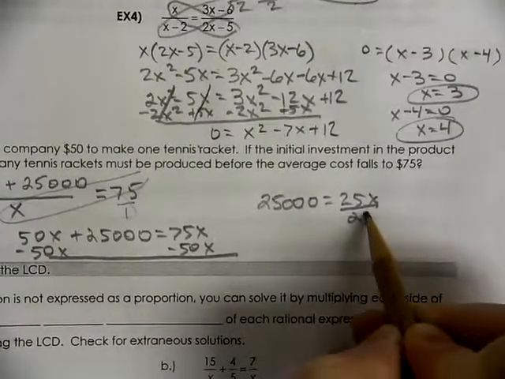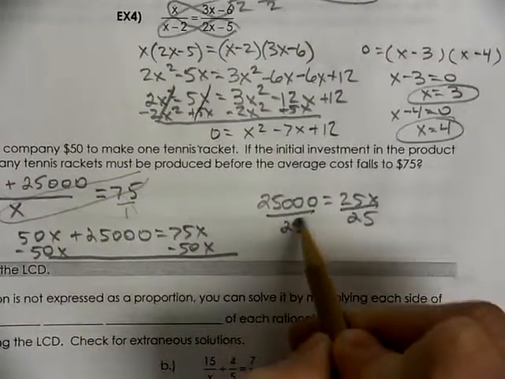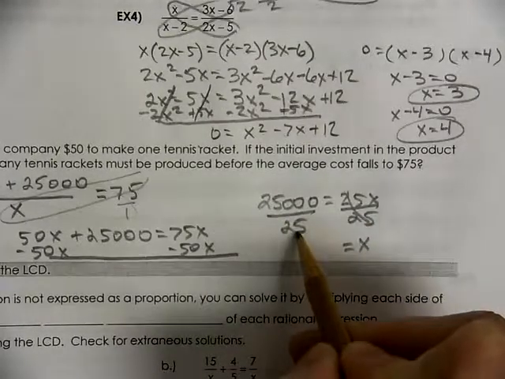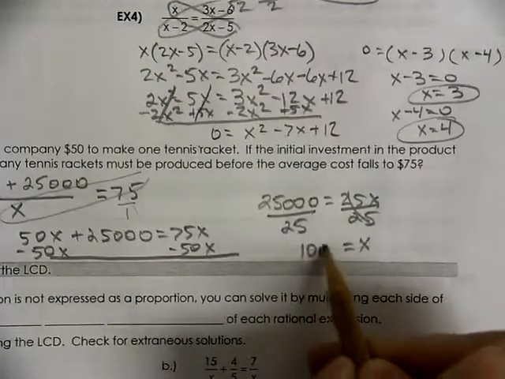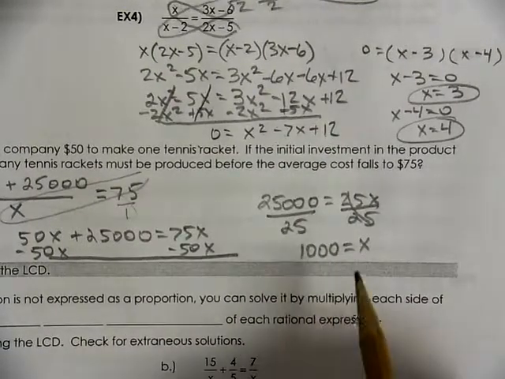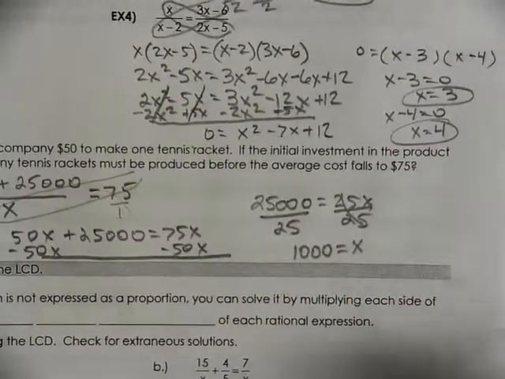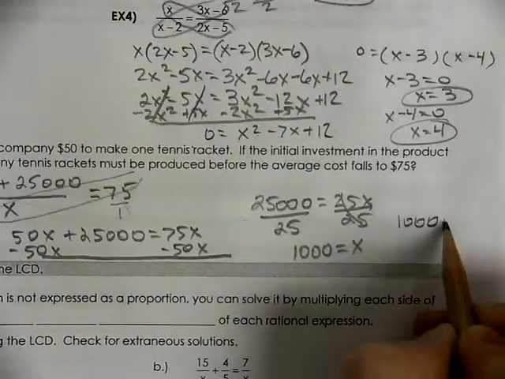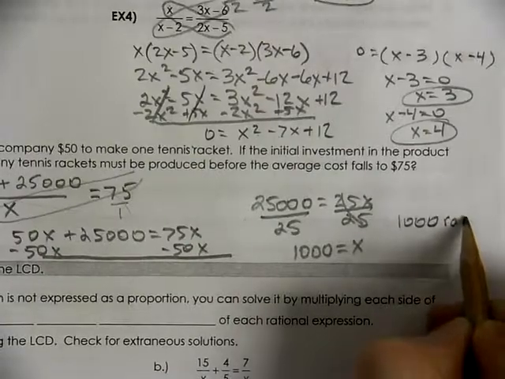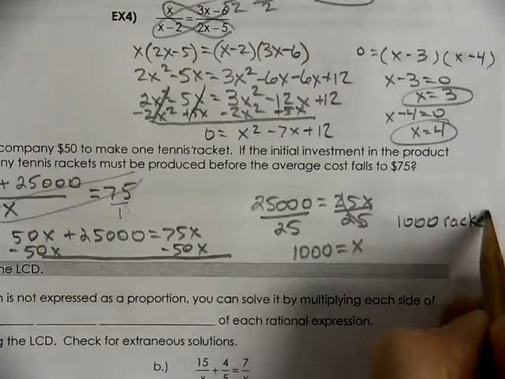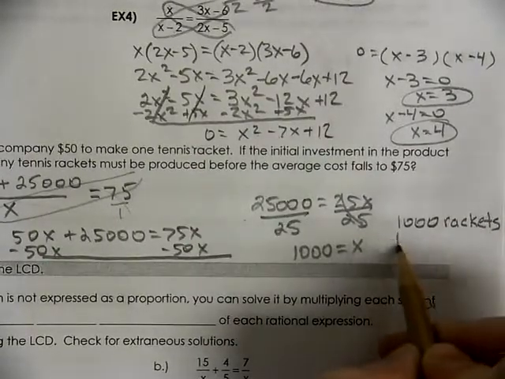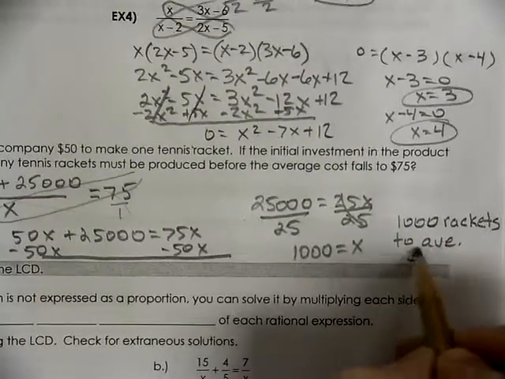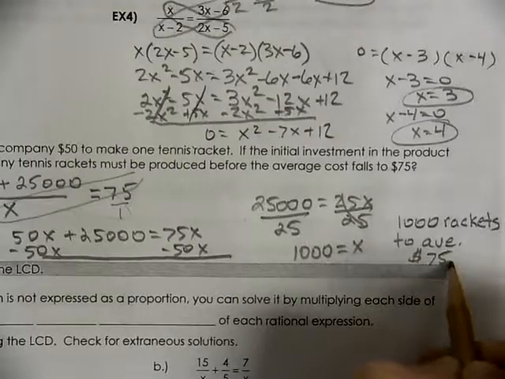And when you divide by the 25, the 25s would cross out and you'd be left with 1,000. So it takes 1,000 rackets to average $75.